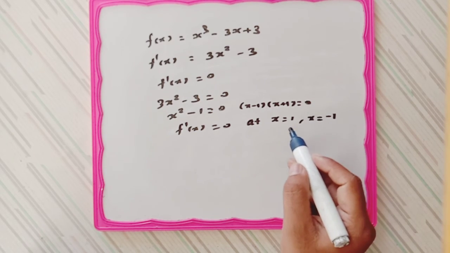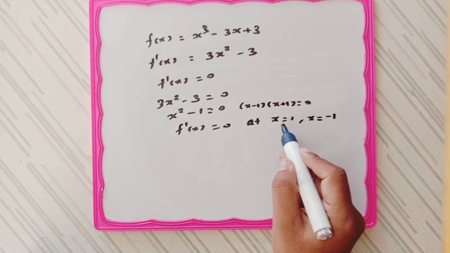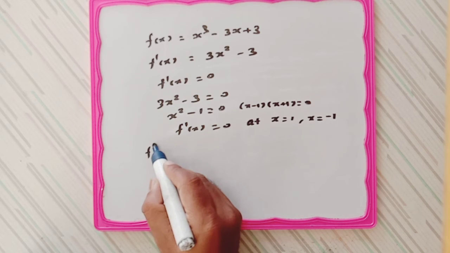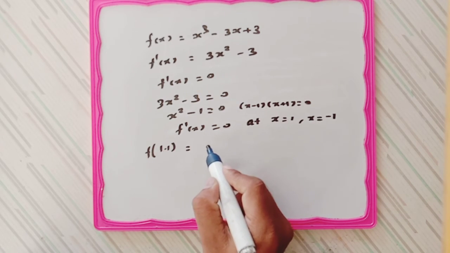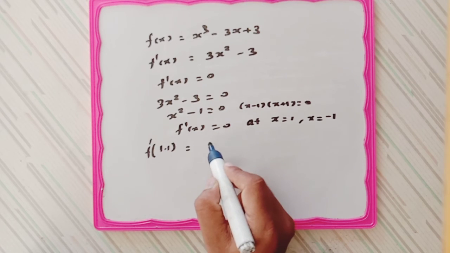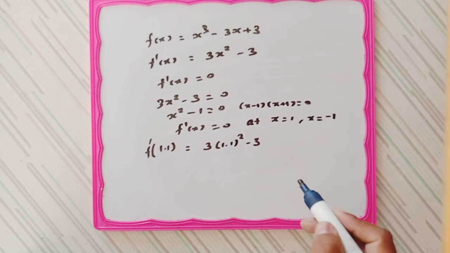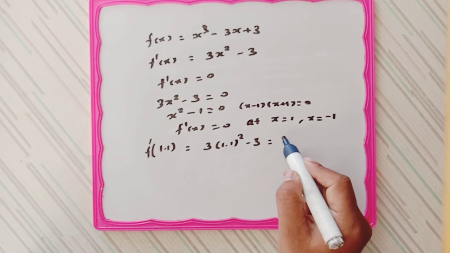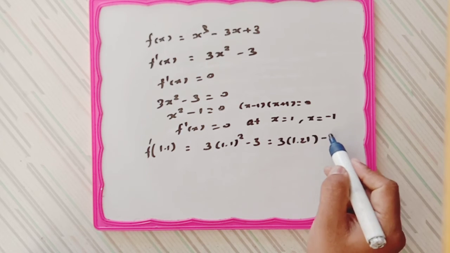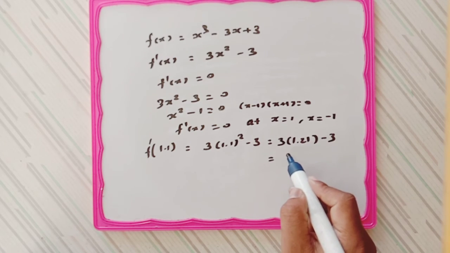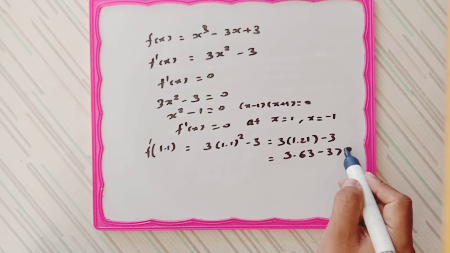So we check it by the first derivative test. We take a very close value on the right side of 1, means we take 1.1, and f dash 1.1 will be 3 into 1.1 square minus 3, which is 3 into 1.21 minus 3, so 3.63 minus 3, greater than 0.